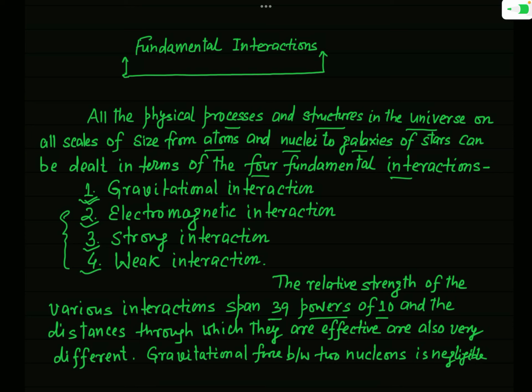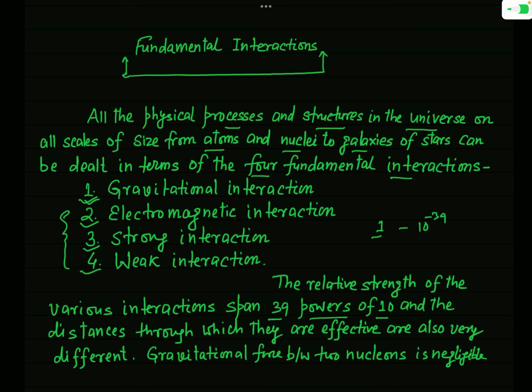It means if you consider that the strength of the strong interaction is 1, this is just a relative value, then in comparison to that, the strength of the gravitational interaction will be 10 to the power minus 39.